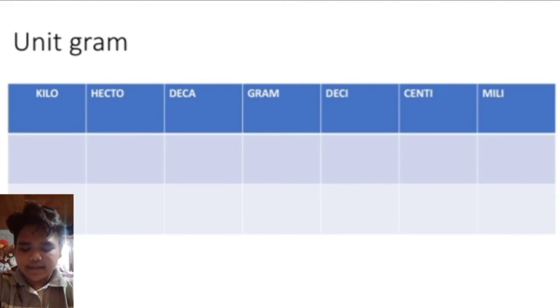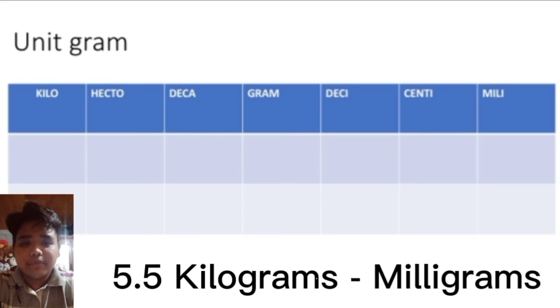For our next example, we have unit gram that includes kilogram, hectogram, decagram, gram itself, then decigram, centigram, and milligram. For our second example, we will convert kilogram into milligram. So we have 5.5 kilogram. The first 5 we put into kilogram. Then the second 5 we put in hectogram.